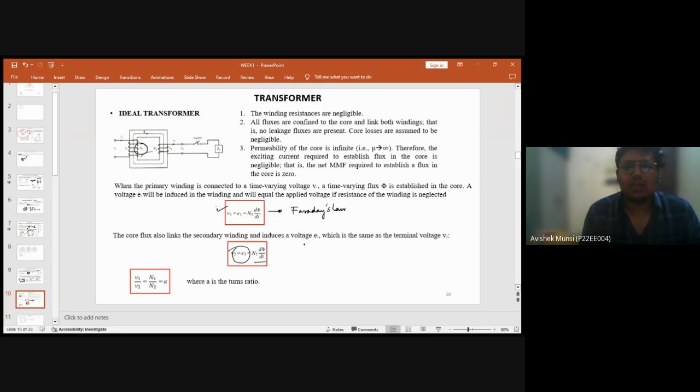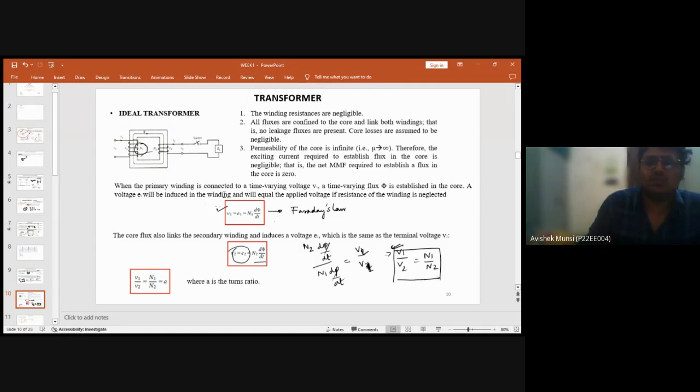From these two, we can write N2 dφ/dt by N1 dφ/dt is equal to V2 by V1, and dφ/dt cancels out, so V1 by V2 is equal to N1 by N2. So this is the basic formula of a transformer: if we have a primary winding of N1 and secondary winding N2, then the voltage on the primary side by the voltage on the secondary side is equal to N1 by N2.